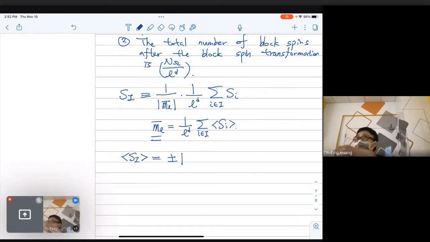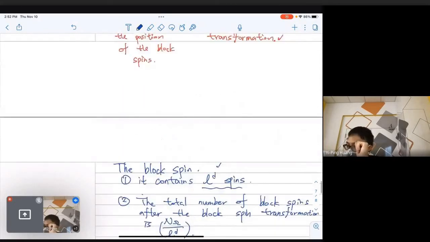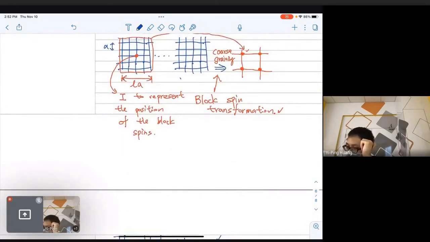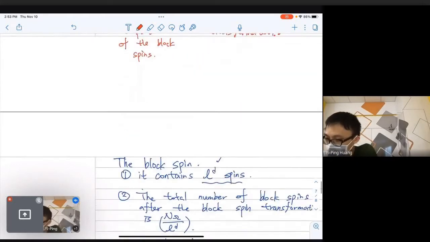So after you do this block spin transformation, you can imagine this big block as a degree of freedom living on a new lattice, but it still has the same kind of binary variable representing it. So that's easy to see.